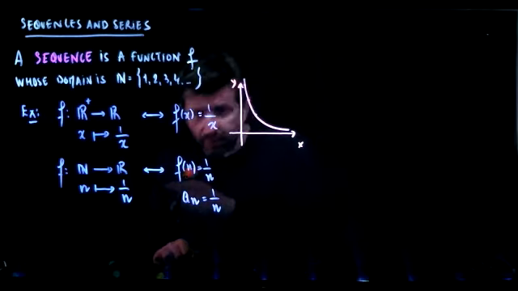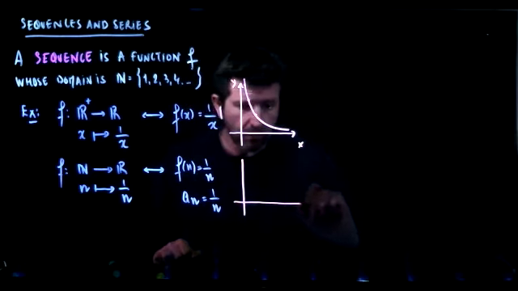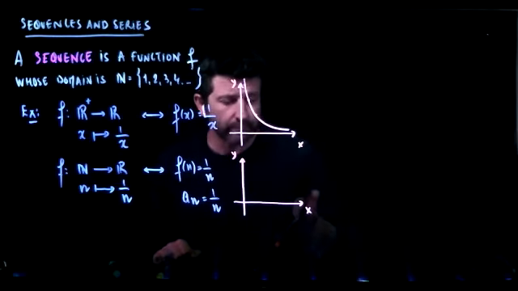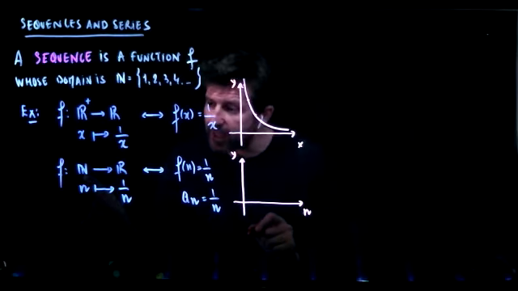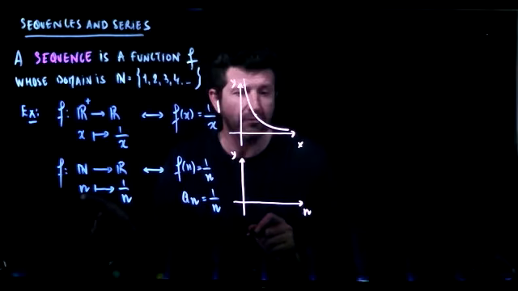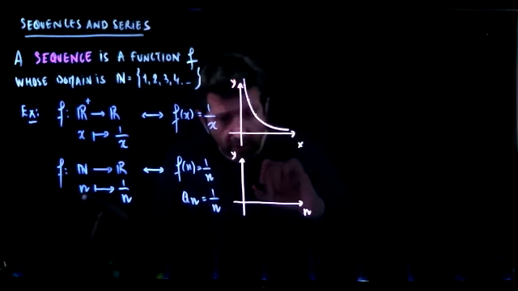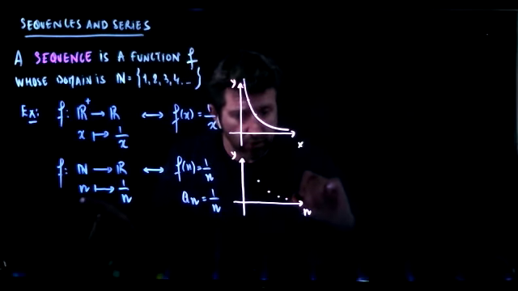But this one here is different. Let's call this n. Because now I'm only interested in integers. So n cannot be 1/2, n cannot be 2/3. n can only be 1, so if it's 1, it's 1. If 2, it will be 1/2, 3, 1/3, and so on, and so on.